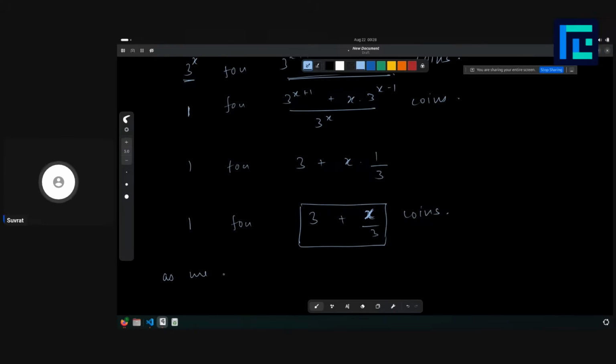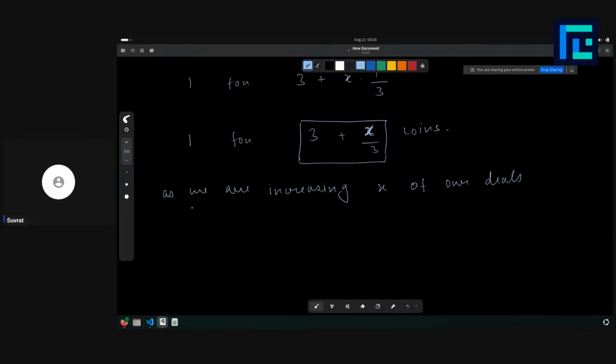So as we are increasing x of our deal, we are paying more points per watermelon.